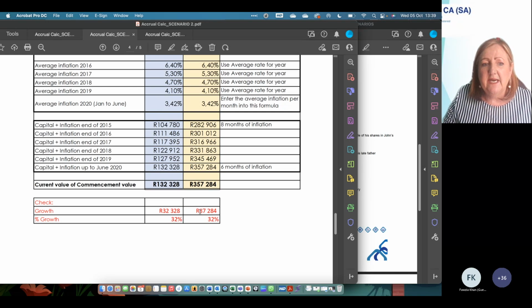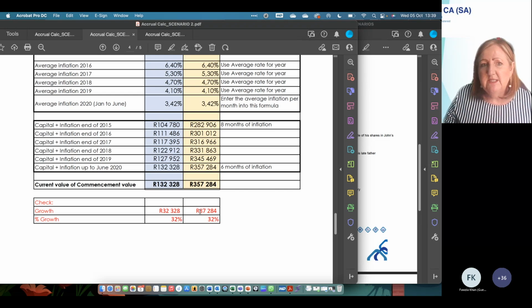And that is the current value of the original commencement value, taking inflation into account. So John's original amount of 100,000 has grown to 132,000 by the time that they get divorced, and Jill's amount of originally 270 is now 357,000.